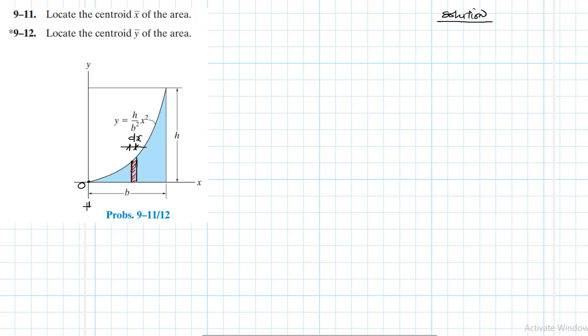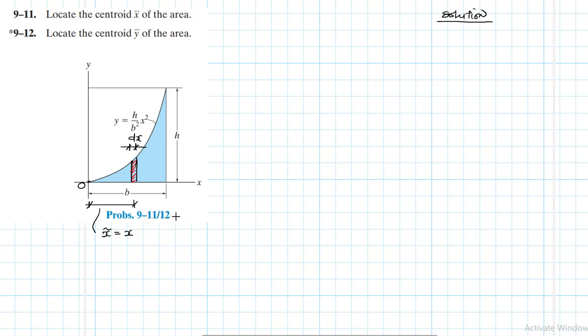From there to the point where we've cut the strip is the centroid location in the x direction, x curled, which is equal to just x.